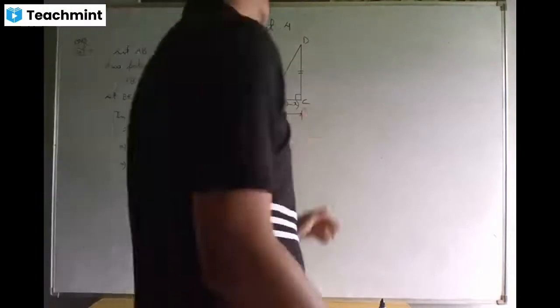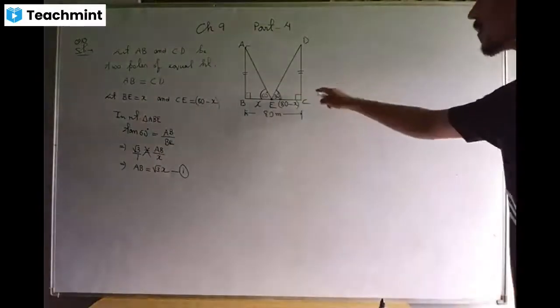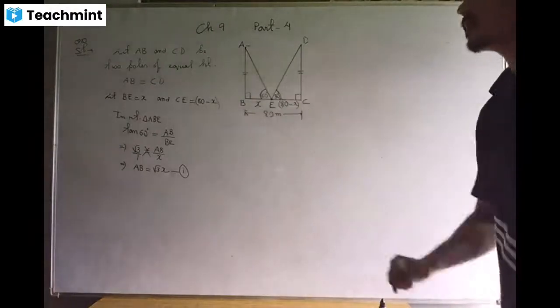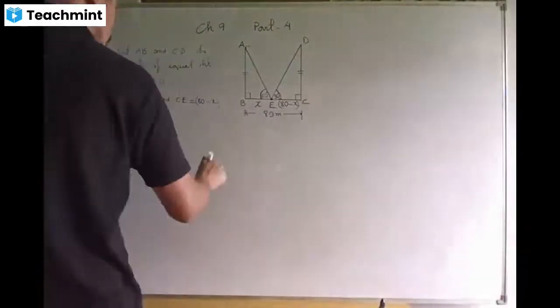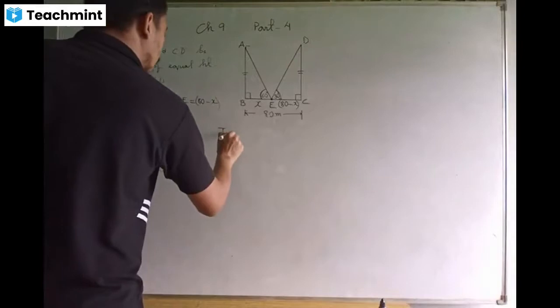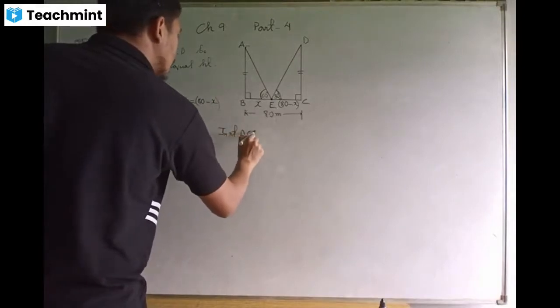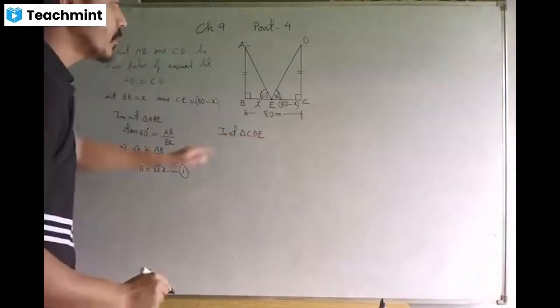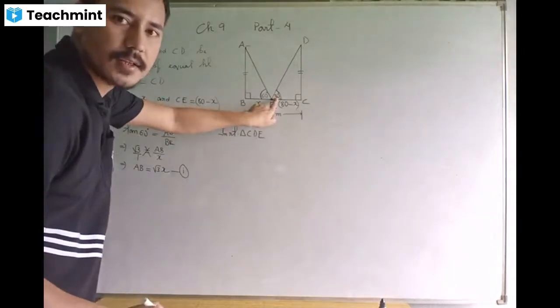Now let us go for the second right triangle. Your second right triangle would be CDE. In right triangle CDE, here theta is given as 30 degrees.